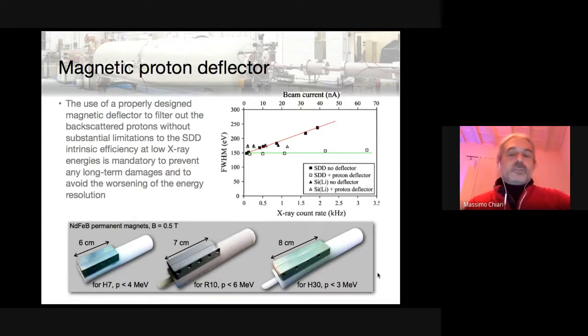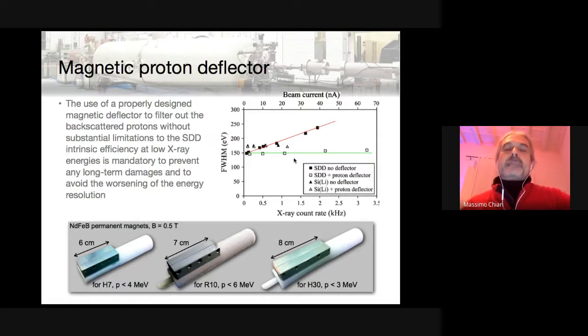So we have used in the past different magnetic deflectors according to the different sizes of the SDD. So 7 millimeter square, 30 millimeter square, or, I don't remember, 10 millimeter square.